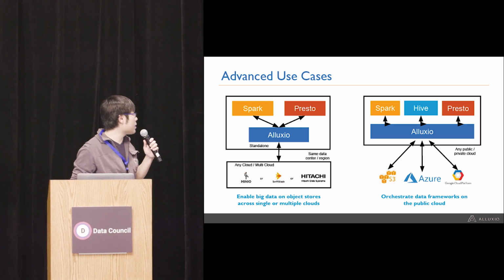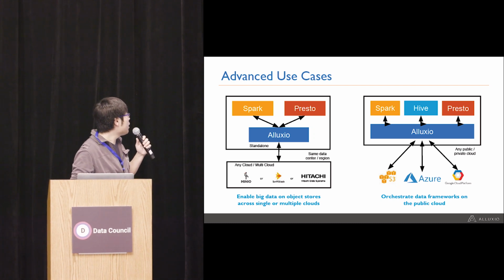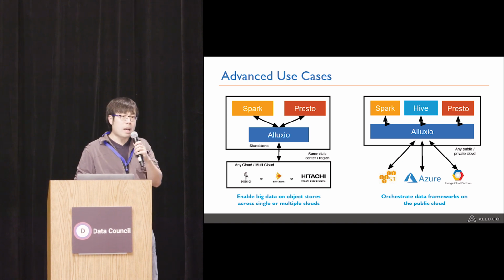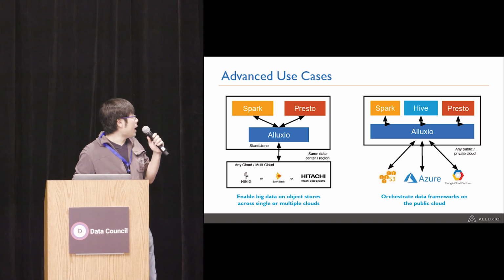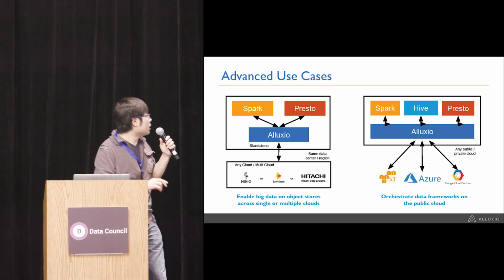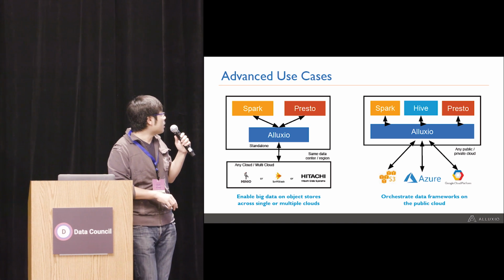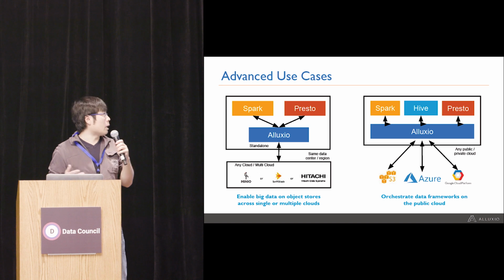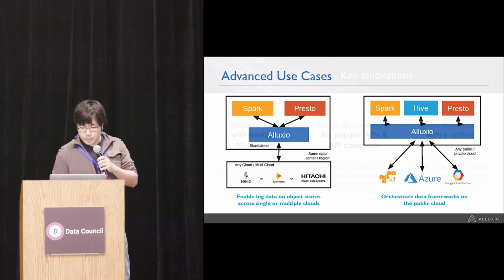There are also more advanced use cases, for example, talking across a single cloud or multiple different clouds, building a data abstraction layer, or having data on the public cloud and using this to share data across different workloads like Presto or Spark workloads.